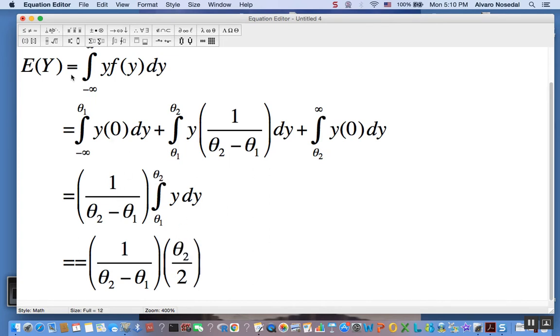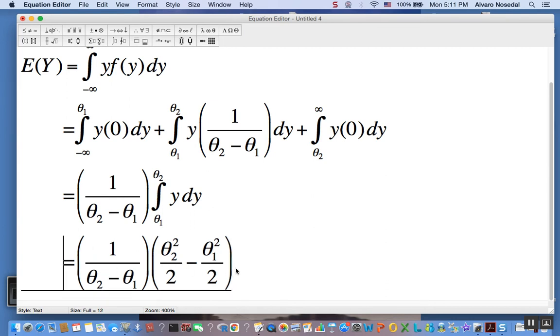So we will have theta 2 squared, minus the same thing, y squared divided by 2, but now evaluated at theta 1. There we are. Make sense? Okay, now note we have a common denominator here.